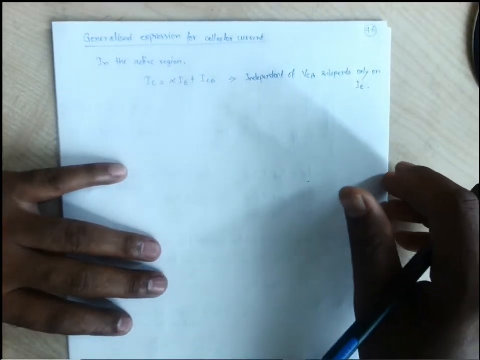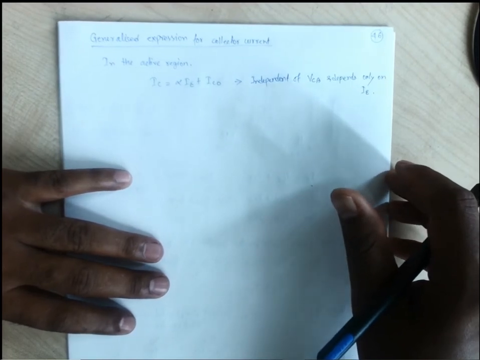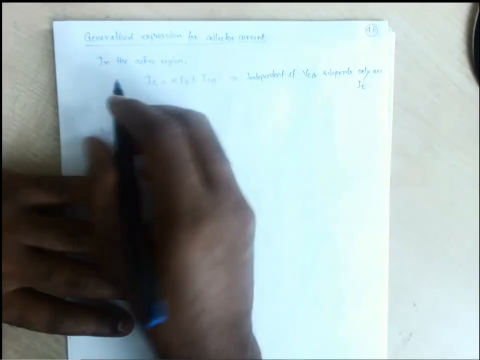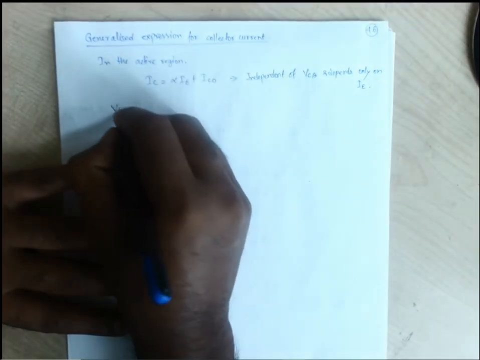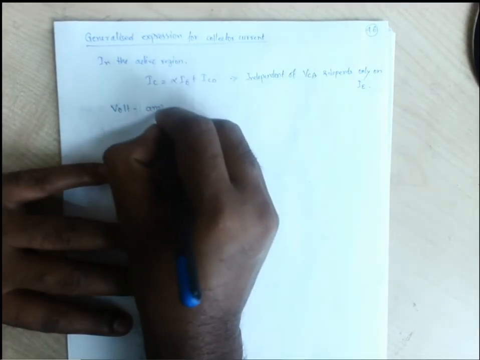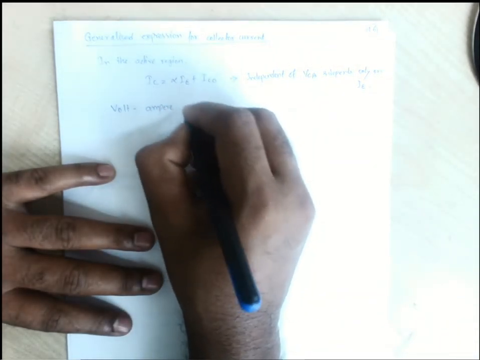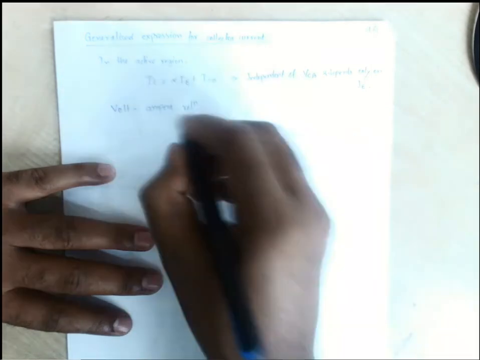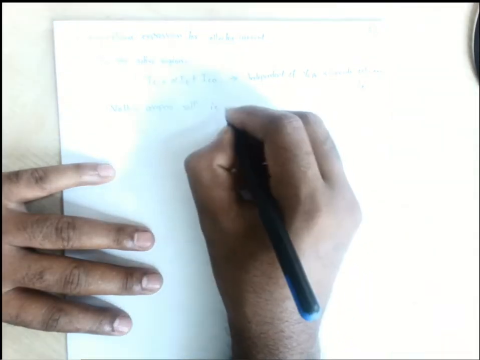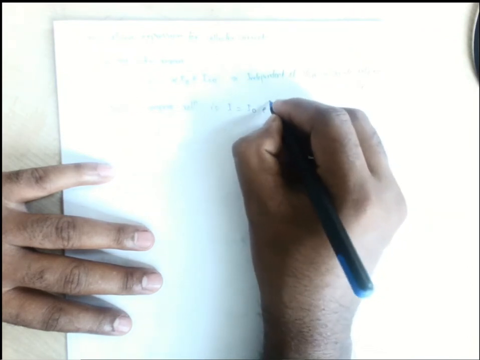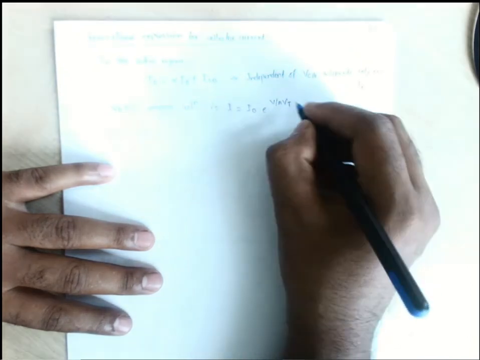What we know for the PN diode, the current equation or the volt ampere relation, the VI characteristic of the PN diode, is I is equal to I naught times e to the power V by eta Vt minus 1.